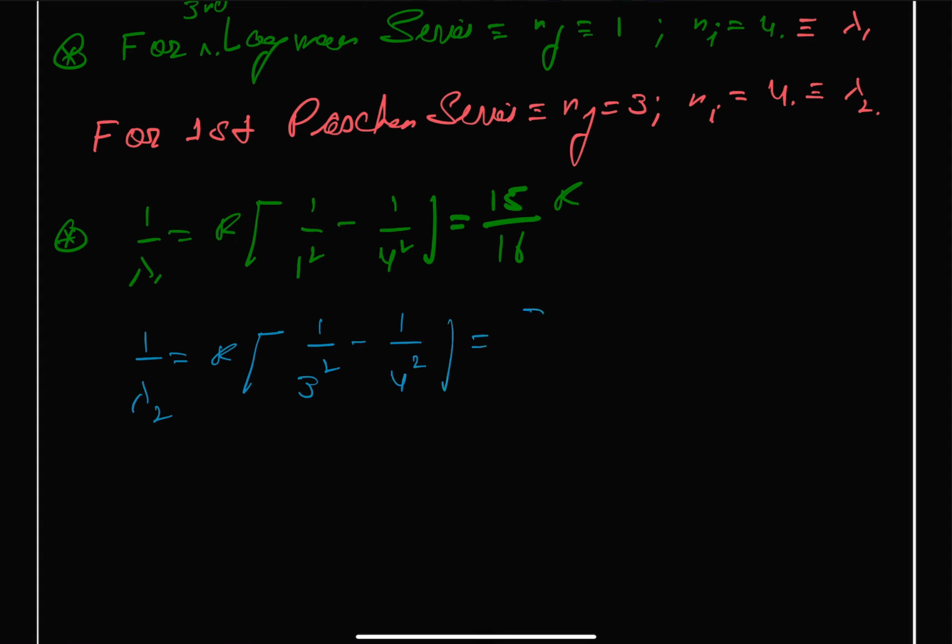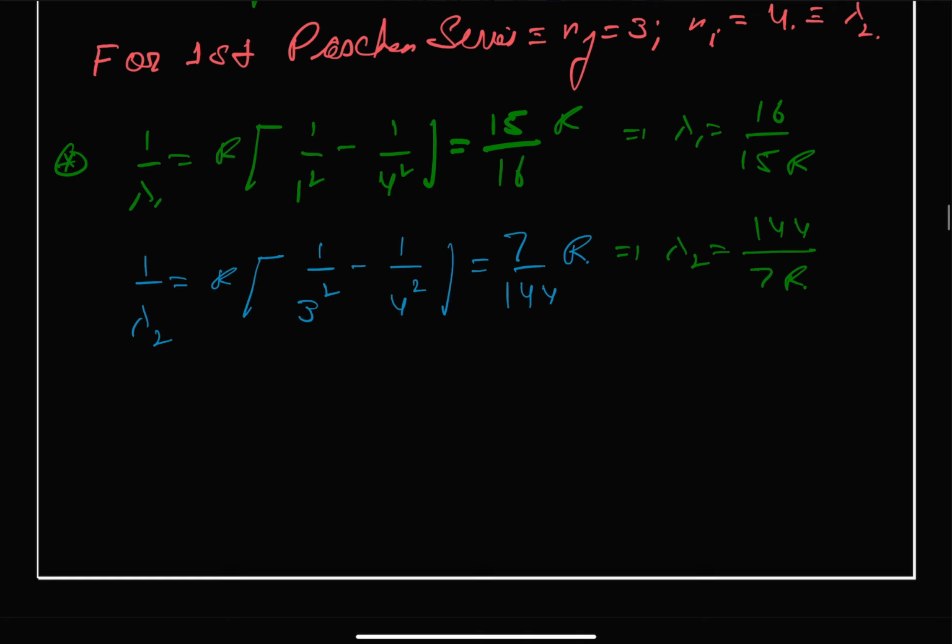This comes as 7 upon 144 times R, and from the first we can say our lambda 1 will be equal to 16 upon 15 R, and from here we can say our lambda 2 is equal to 144 divided by 7 R.